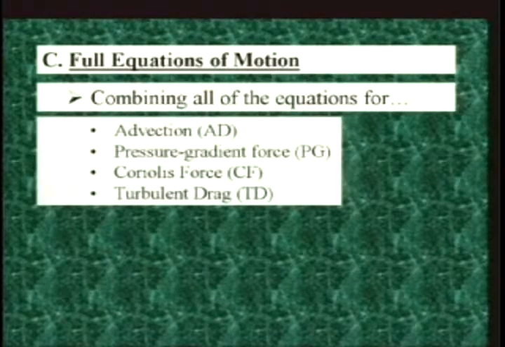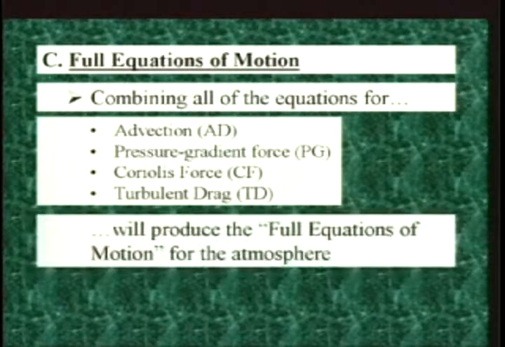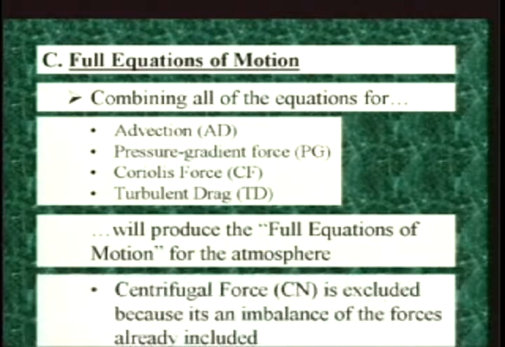So we're going to take into account advection, the pressure gradient force, the Coriolis force, and turbulent drag. We're going to put all of those together so you can see all of the variables in each one of those and how they all combine to give us our end result. And this will produce what is known as the full equations of motion for the atmosphere.